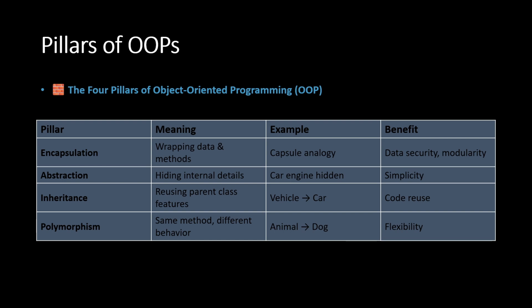In inheritance, inheritance means reusing parent class features. Like we define a parent class, let's say vehicle, and a child class like car, truck or auto inherits properties from the vehicle class.